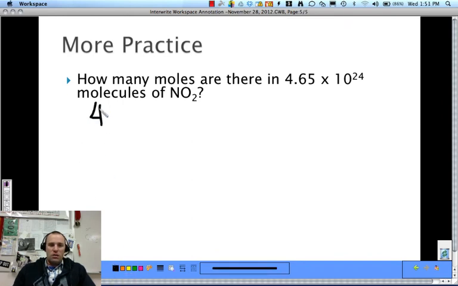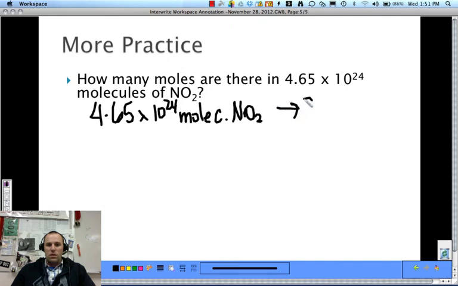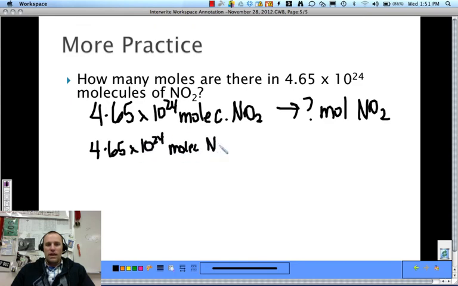Write what you know. 4.65 times 10 to the 24th molecules of NO2. We want to know how many moles that is of NO2. Again, we're labeling completely. Do not get lazy in your labeling. 4.65 times 10 to the 24th molecules of NO2 times and then a line.